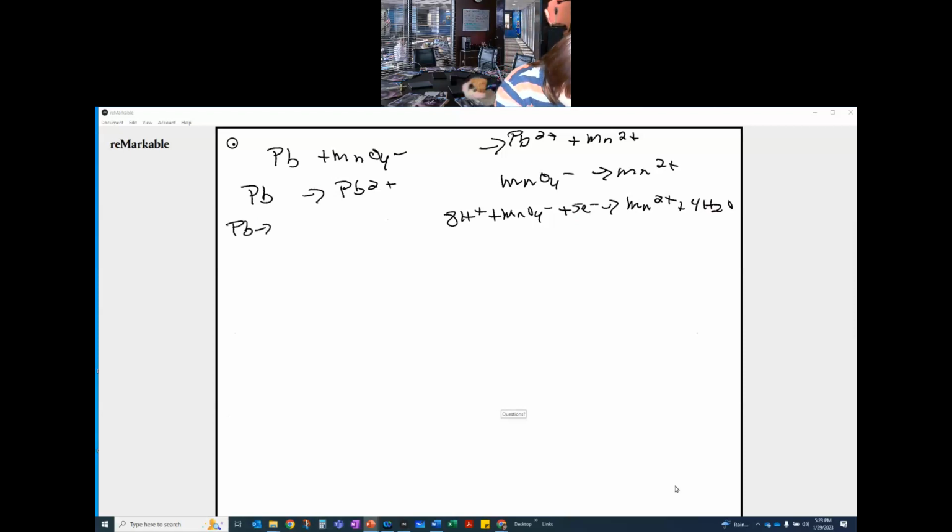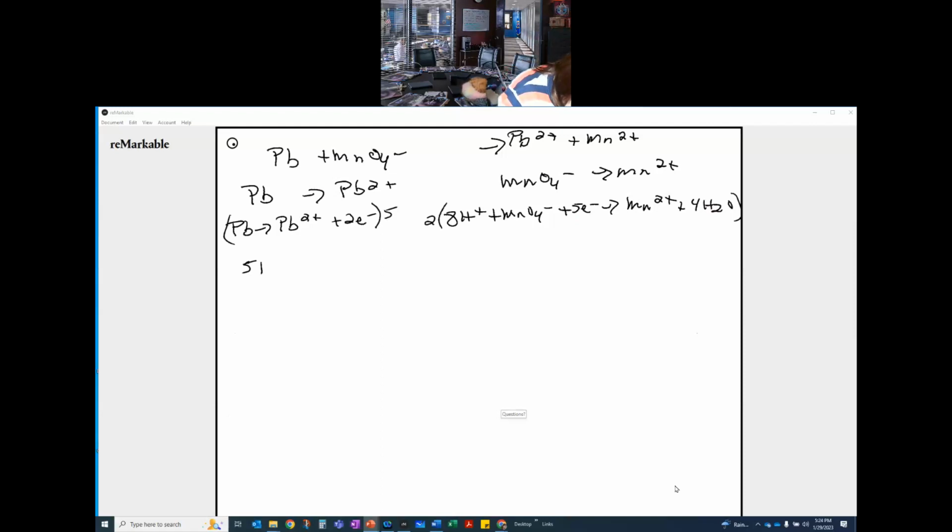So I have Pb going to Pb2 plus 2e minus. 2e minus in this one, 5 in that one. I'm going to multiply by 2 here. I'm going to multiply this one by 5 to get the same number of electrons.